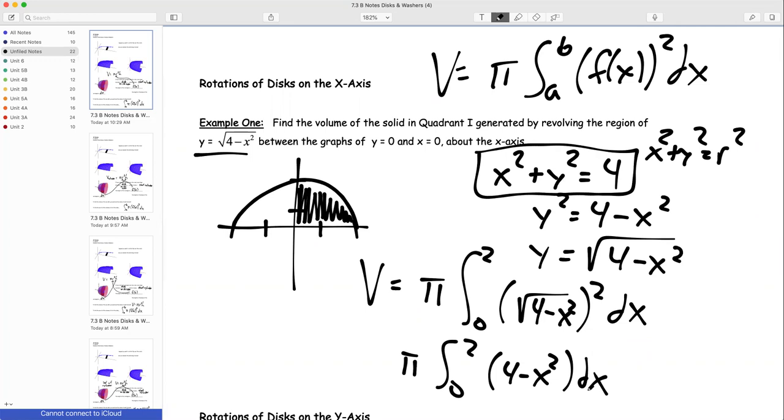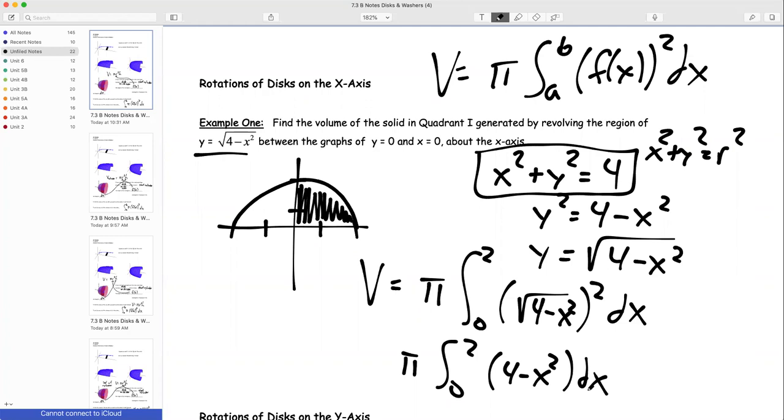All right, so take your calculator and let's do math 9 and get our answer there. You too. 16.75.